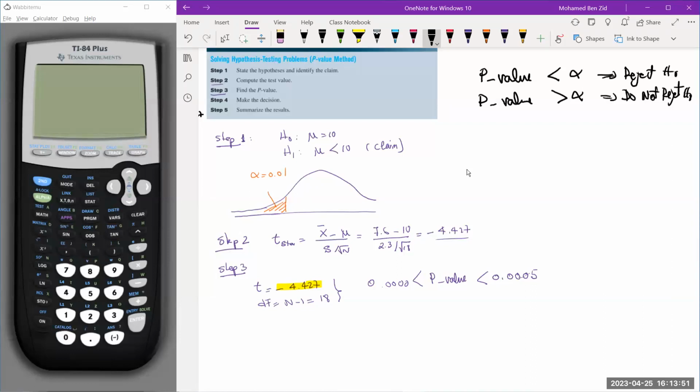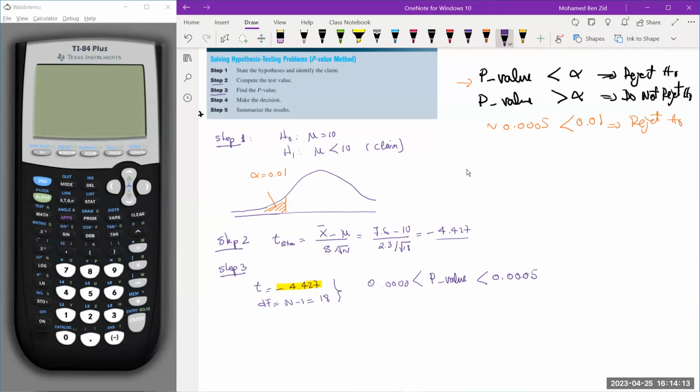And obviously here the p-value is very small, so the p-value is almost 0. The greatest value is going to be 0.0005. The alpha is going to be 0.01, and obviously the alpha is greater, so I am in the first scenario, and that's going to be reject H0.